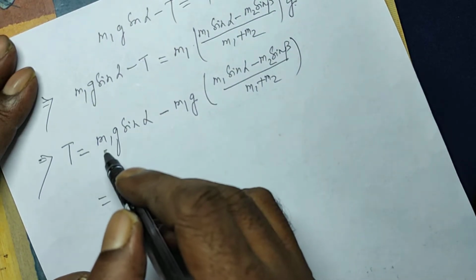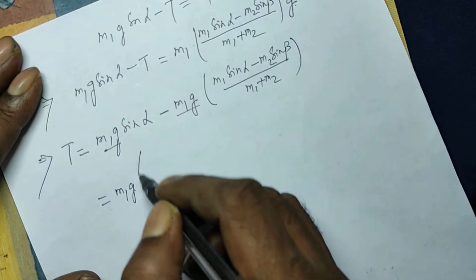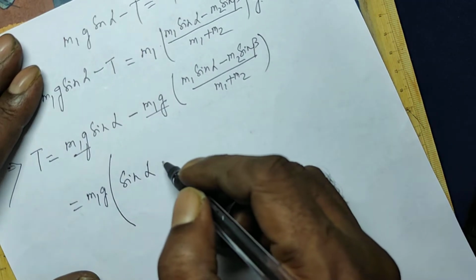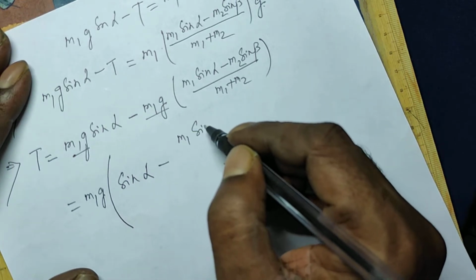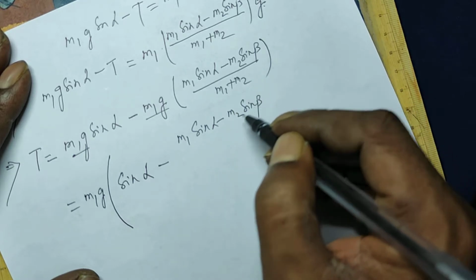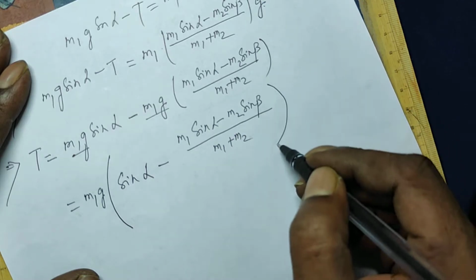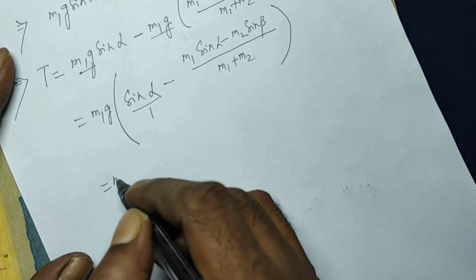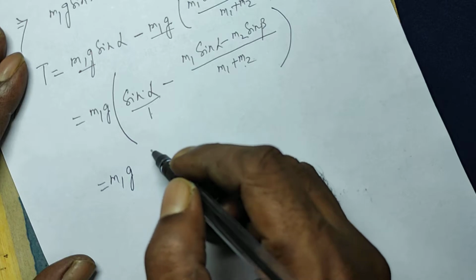Now M1g is here, so taking M1g common, I am left with sin alpha minus M1 sin alpha minus M2 sin beta over M1 plus M2. So I take the LCM, and this comes here and will be multiplied here.